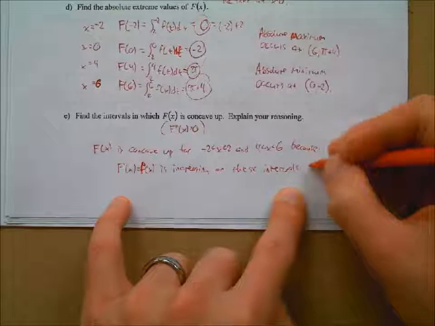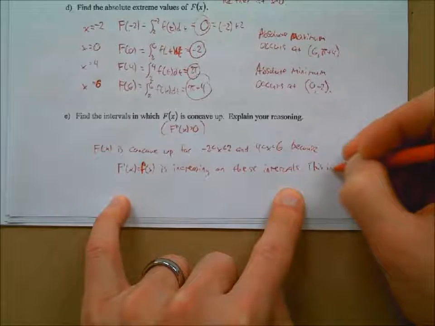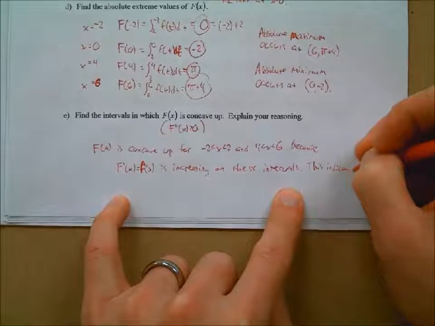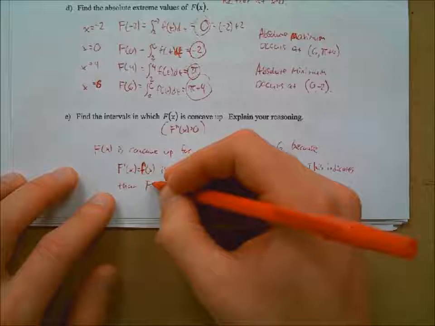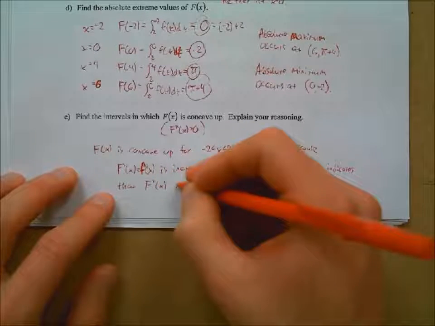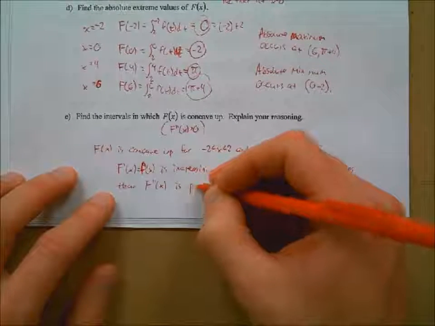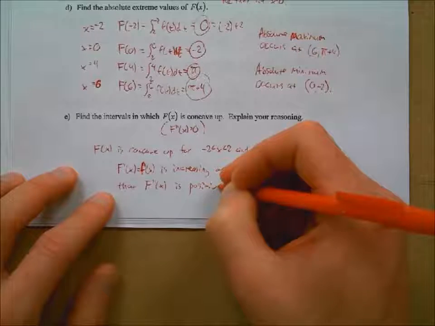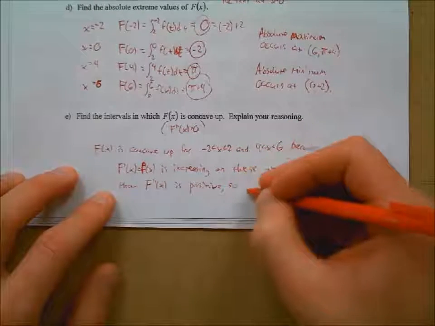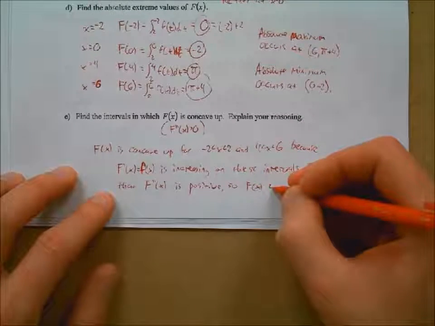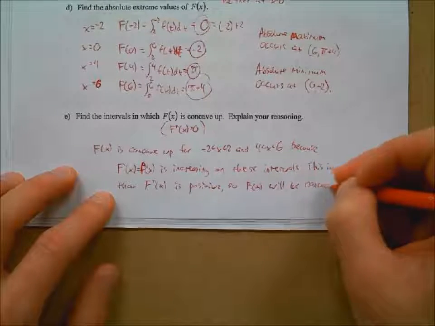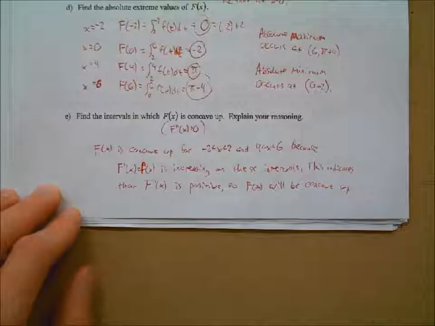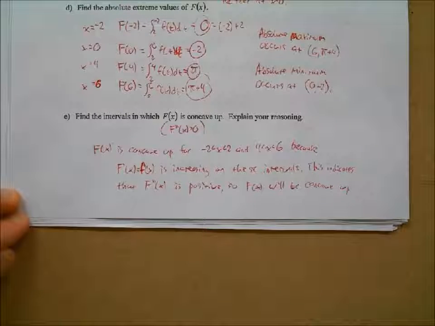This indicates that F double prime of x is positive, so capital F of x will be concave up. Okay, just like that. All right, questions on number 20?